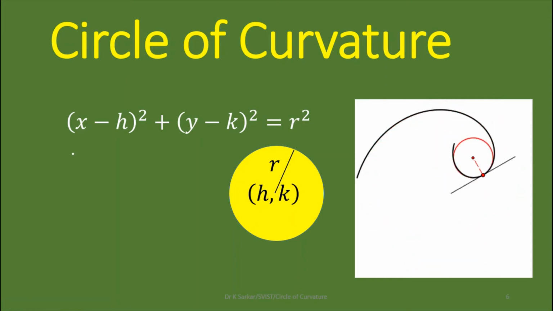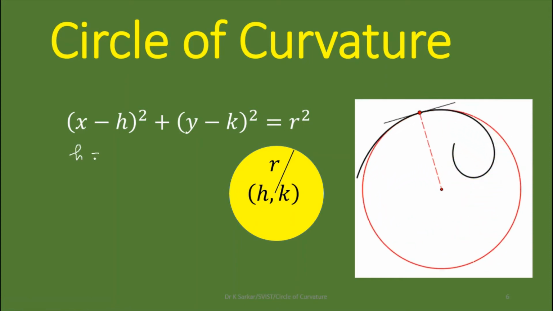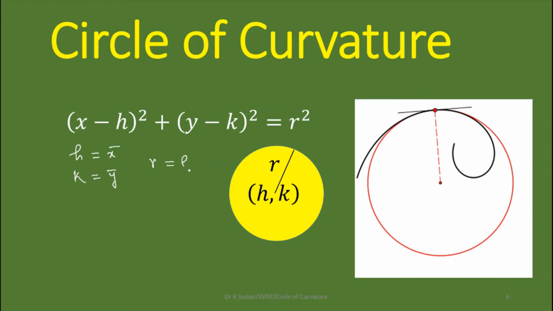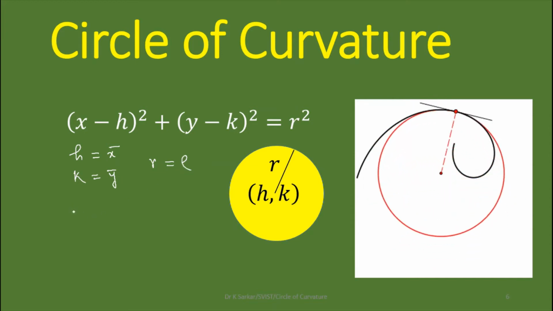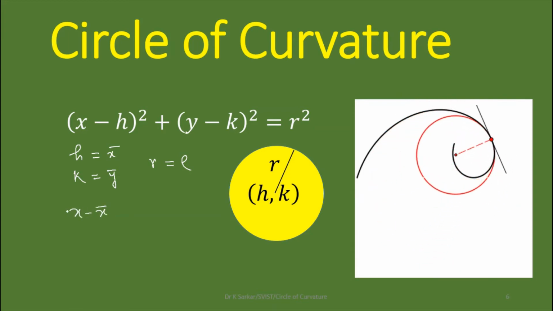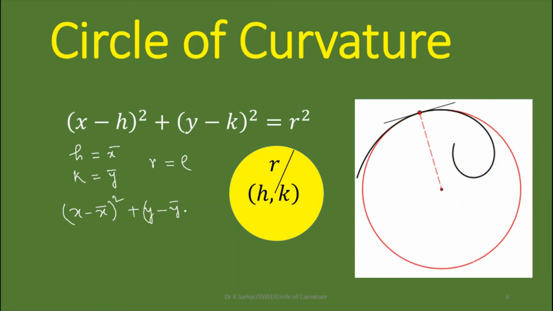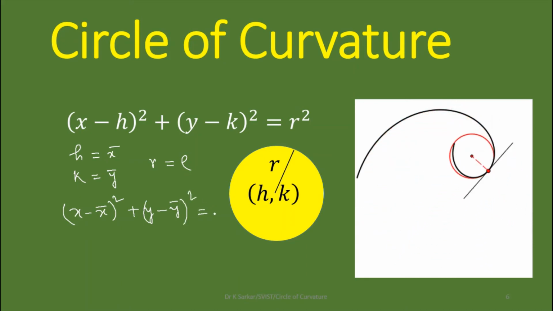Now, if we substitute h as x bar, k as y bar and r as rho, then we get the equation of the circle of curvature: (x minus x bar) whole square plus (y minus y bar) whole square equals rho square.